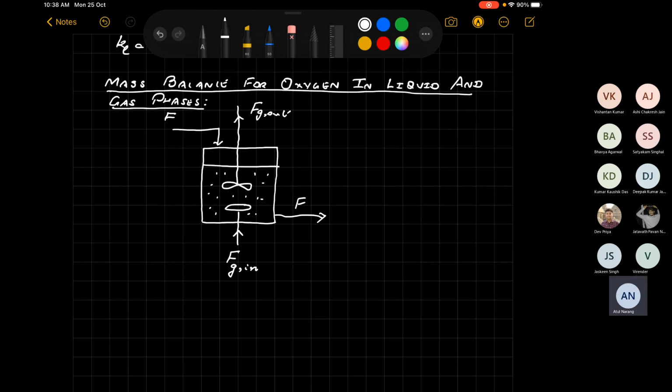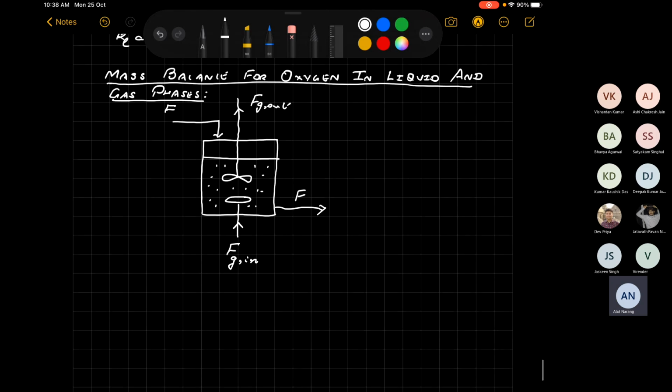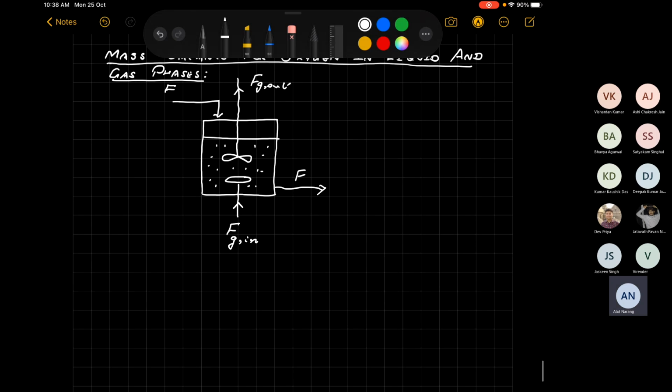Now, it turns out that at least in small scale reactors, if you take a bubble over here, right? So we know that, let's say this is a bubble here. Now we know that these bubbles are getting somewhat depleted in oxygen.